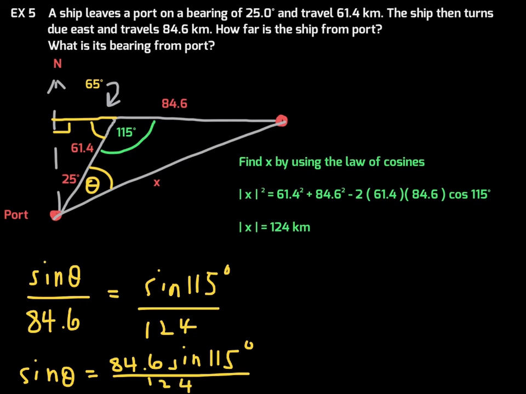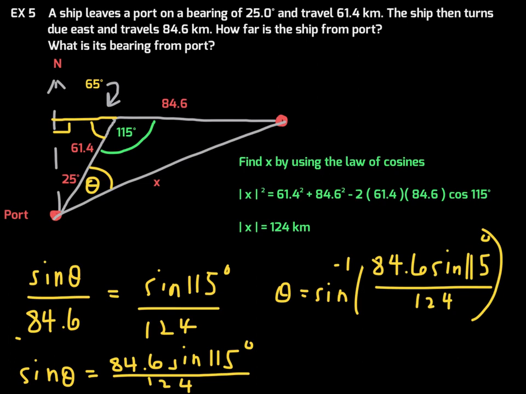That is to say, theta will be exactly equal to inverse sine of what we just said here, 84.6 kilometers times sine of 115 degrees, and then all of that divided by 124.